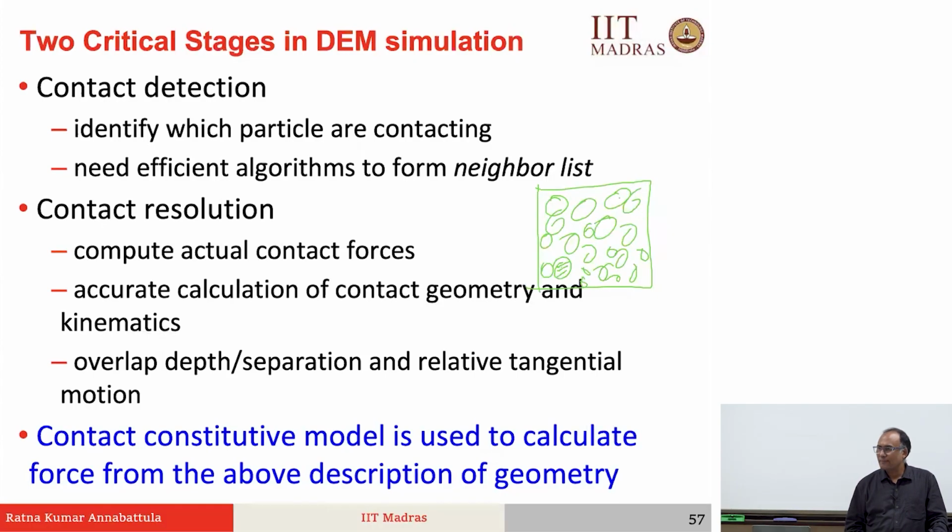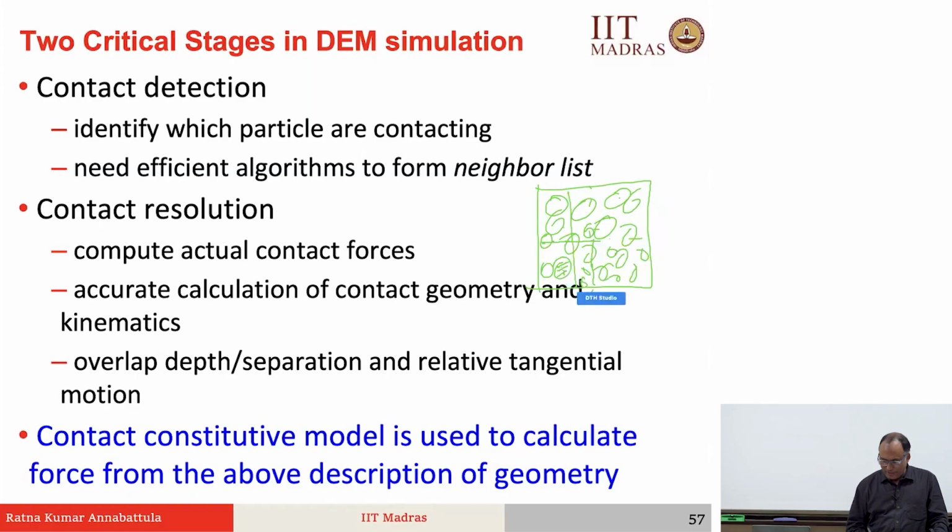It does not make sense. So what is a smarter way? I can subdivide this into 4 and I will only search for the contacts of particles in this bin with only particles in this bin, and if the particle is on the boundary of the bin, then I will search in the neighbors of the boundary. But otherwise I don't need to search.